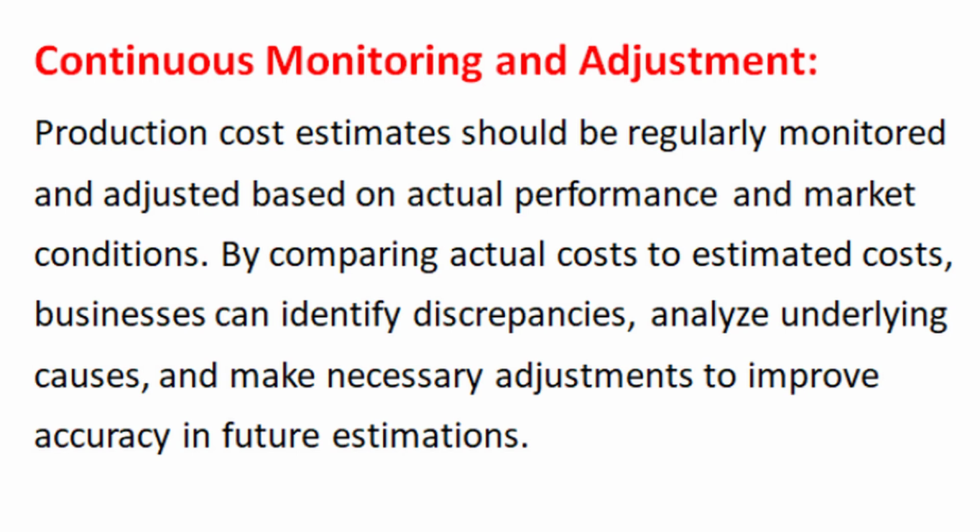Now, by comparing actual production cost to estimated cost, business can identify what differences or discrepancies are there in cost estimation, and we can analyze underlying causes of those discrepancies and can make necessary adjustments to improve accuracy in future estimation and can make strategic decisions in terms of cost reduction or sales strategies to manage financial viability of the project.